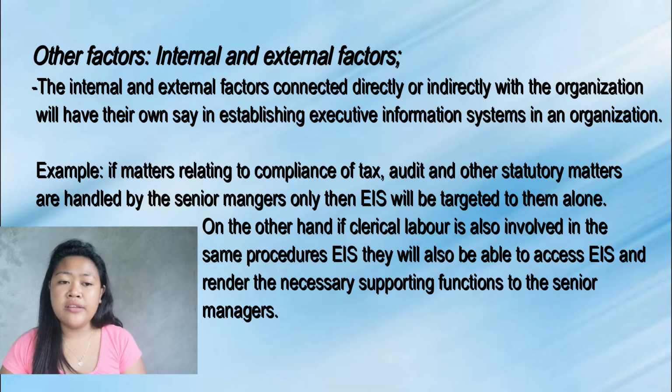On the other hand, if clerical labor is also involved in the same procedure, they will also be able to access EIS and render the necessary supporting functions to the senior managers.